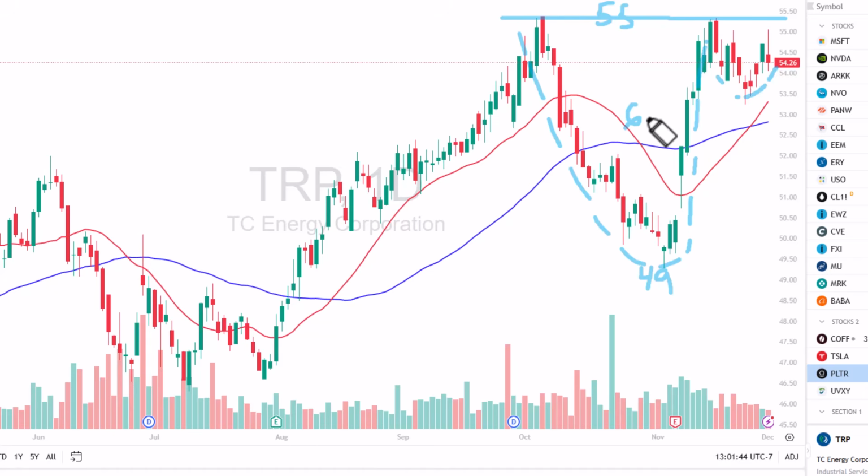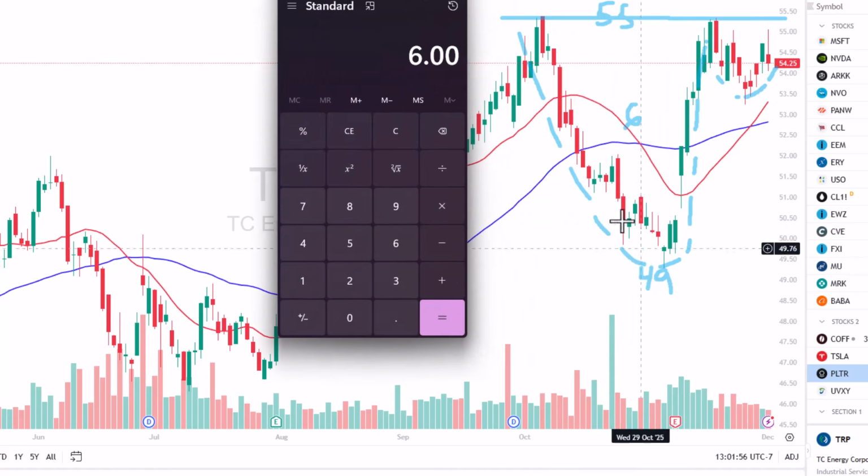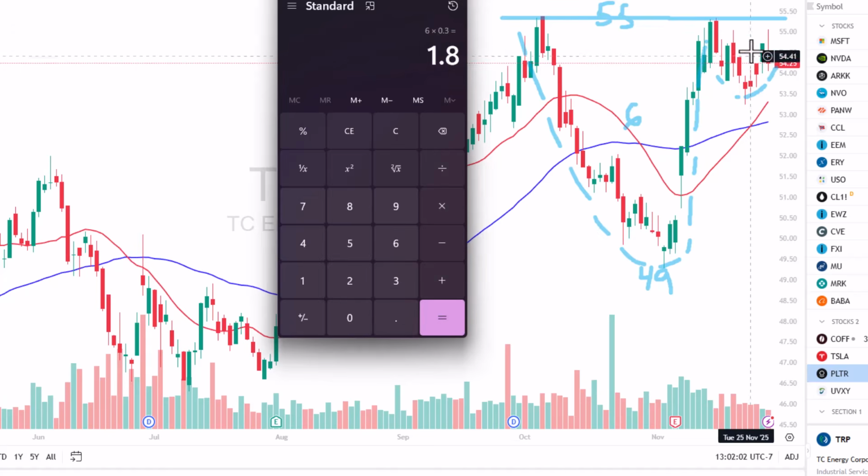What's 30% of 6? Well, if we pull out the calculator, you just take the 6 points that's in between resistance and support. That's the size of the cup, right? Times 0.3. The handle should be about $1.80 in size. So that means as we back off of 55, you go down to about 53.20.